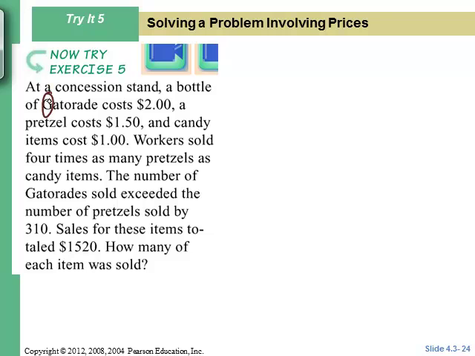Okay, we've got Gatorade, pretzel, and candy are our 3 variables. Workers sold 4 times as many pretzels as candy items. So pretzels equals 4 times as many as there are candy.